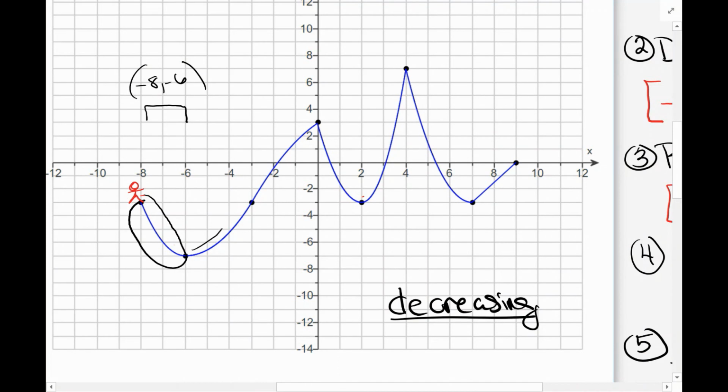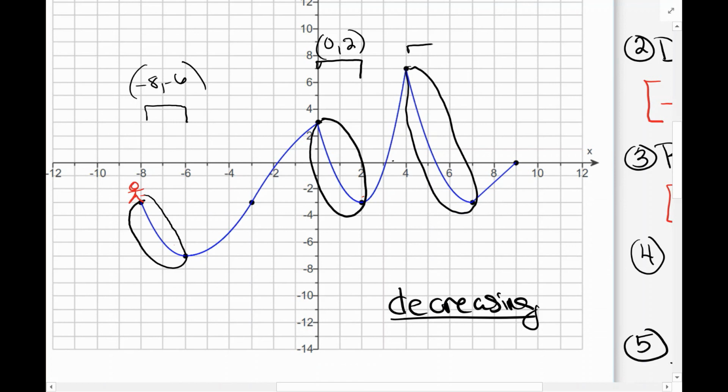Then I start going up the roller coaster. Nope, don't want that. Now where am I going down? From here to here, I'm going down. So that's 0 to 2, parentheses. Then I start going up again. I don't want that. But then I start going down here.